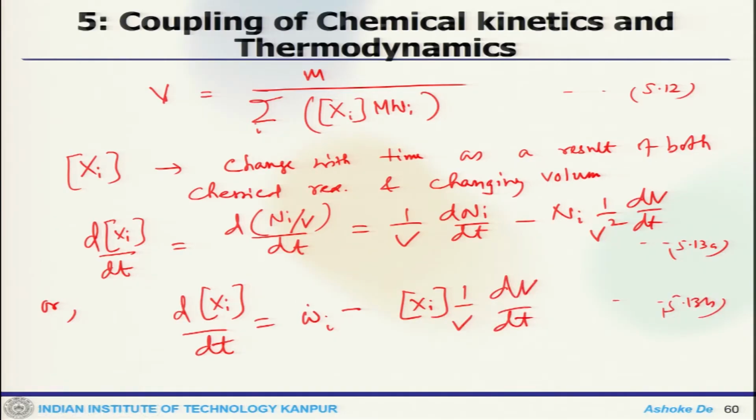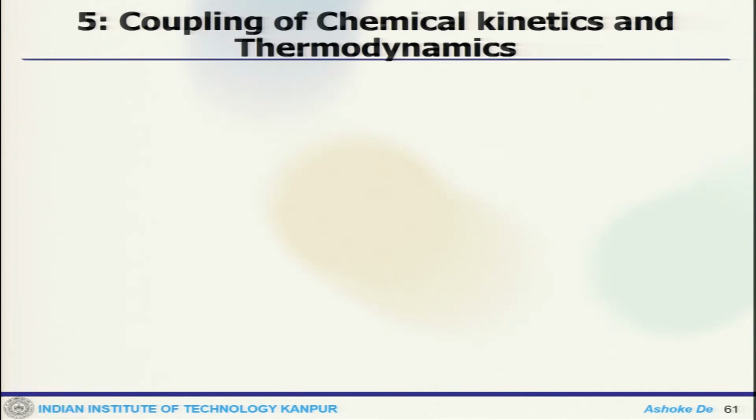Again, we use the ideal gas law, which is nothing but PV equals the summation over i of Ni Ru T. Now, here P is constant.